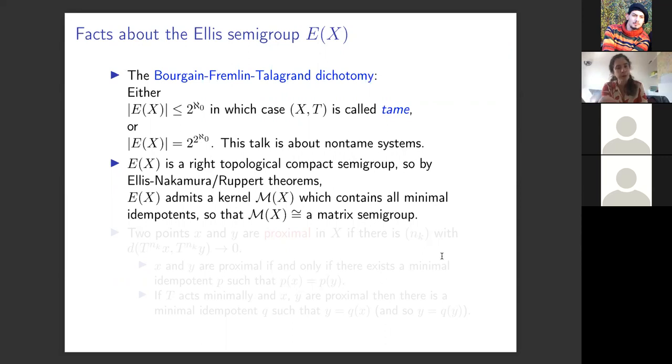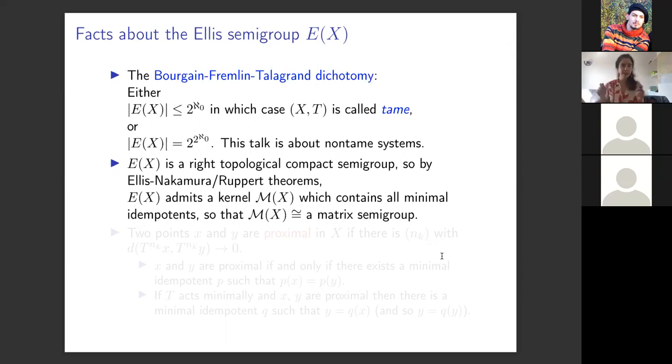That follows from compactness. And it's right topological, which means that if you fix an element G in your semigroup, the map F goes to F composed with G is continuous, okay? We're not really going to use that today, but we will heavily use this result, which tells us we have a kernel and we have idempotents. Okay, and we want to actually figure out what these idempotents are.